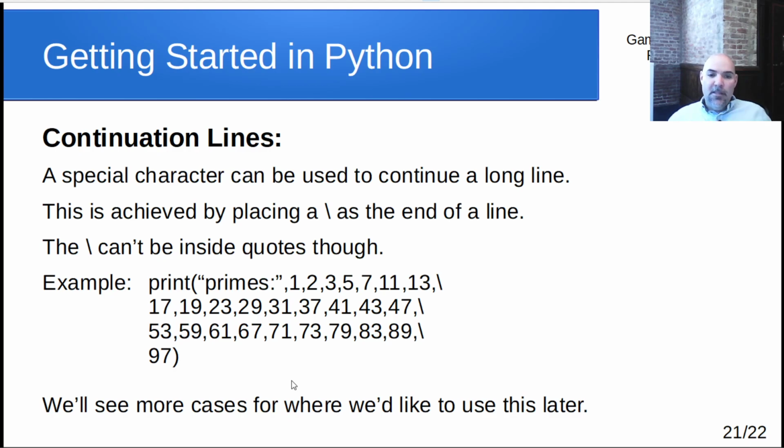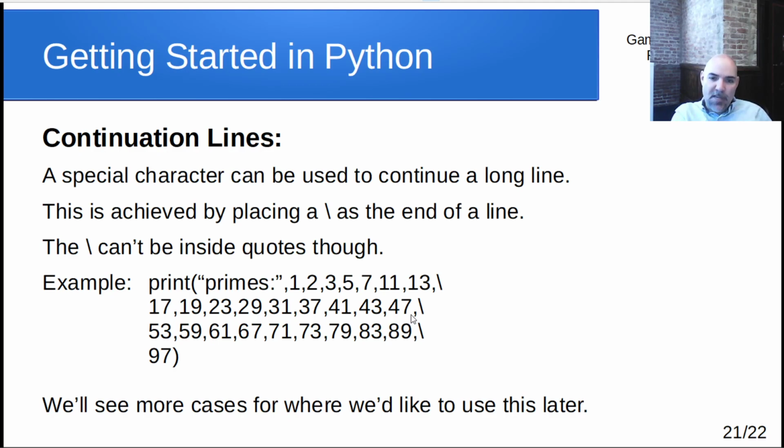If you have really long lines that stretch off multiple columns to the side, then you can't scroll through your program and read what it does. But if you use this continuation line, you can put a whole bunch of those things together as if it were one line.